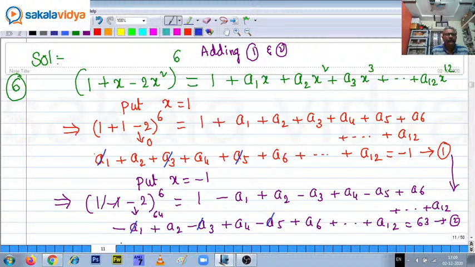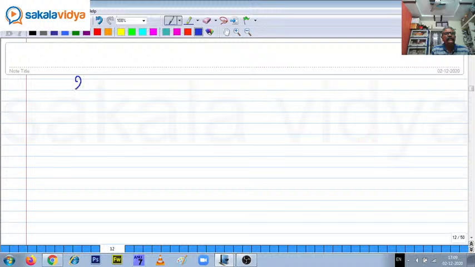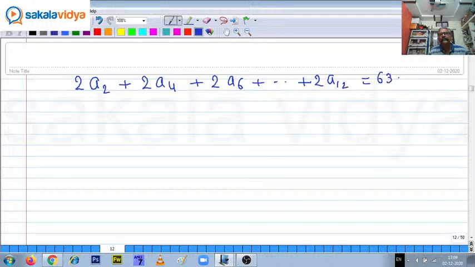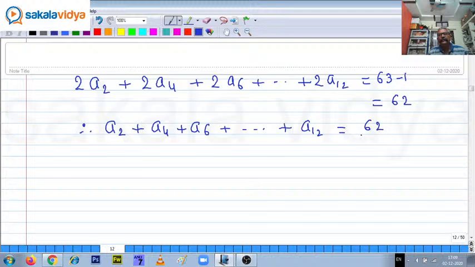So you get 2a2 plus 2a4 plus 2a6 and so on plus 2a12 equals 62. Divide by 2. So a2 plus a4 plus a6 and so on plus a12 equals 62 by 2, that is 31.